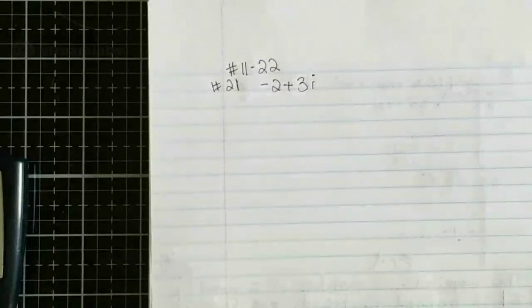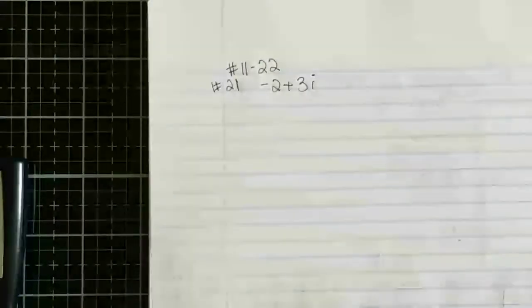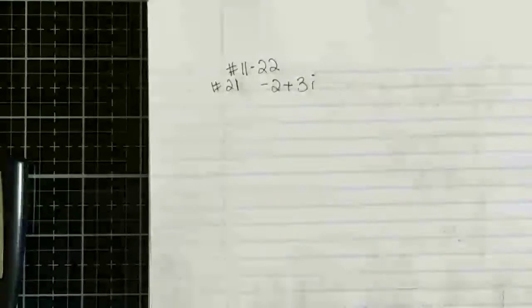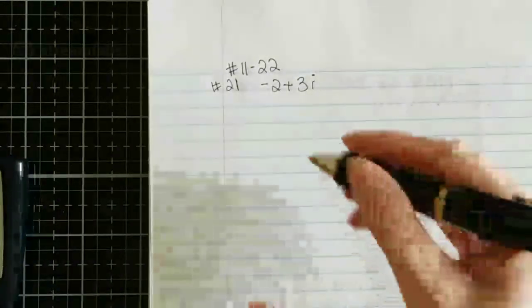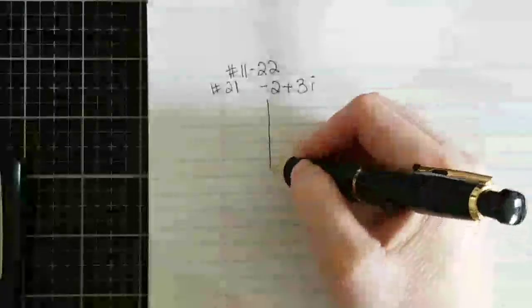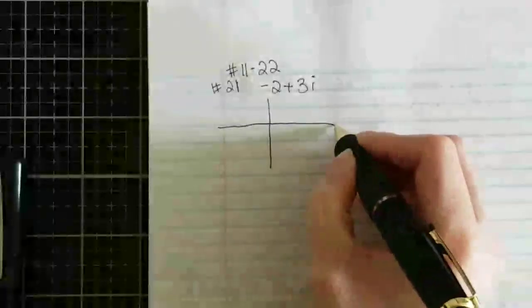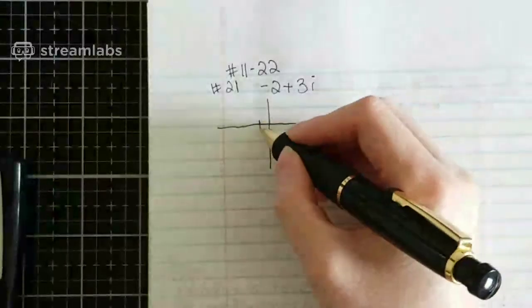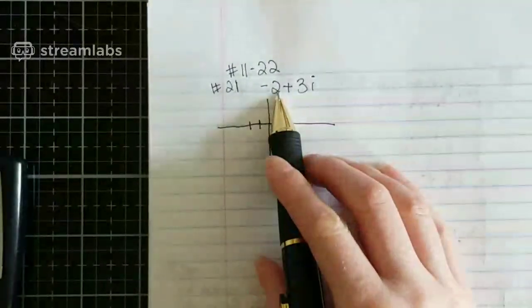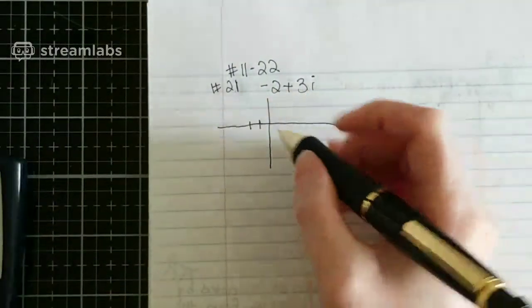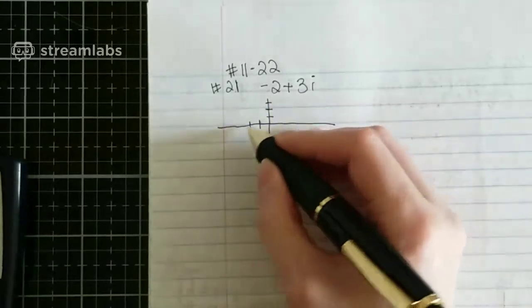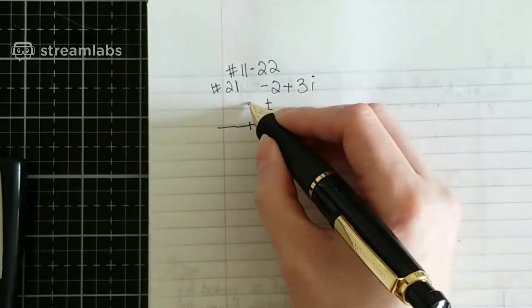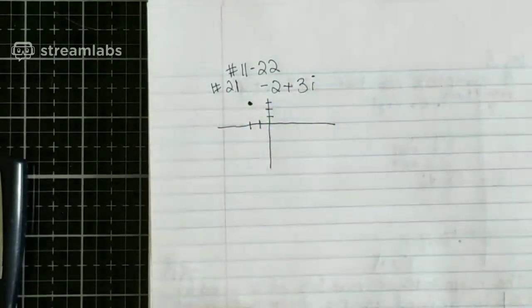And they want you to plot it in the complex plane and write it in polar form. So the first thing we're going to do is plot this. So our x is negative 2, and then we're going to go up 3 because that's positive. So I'll come over and up 3, put my dot. So there would be my graph right there.